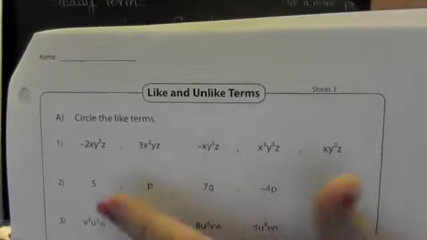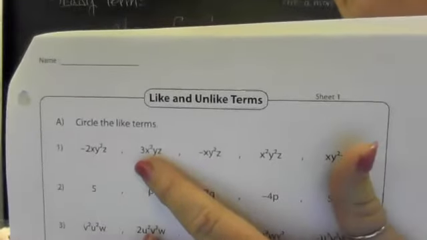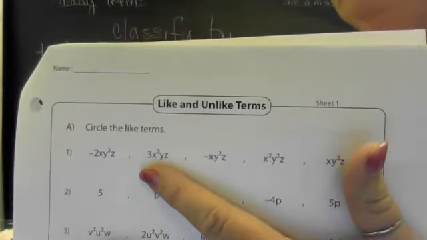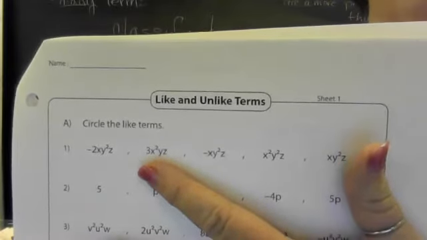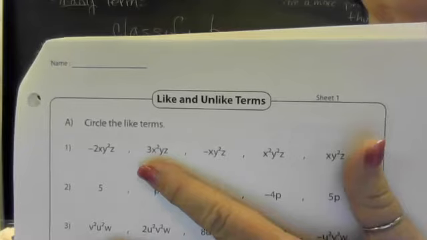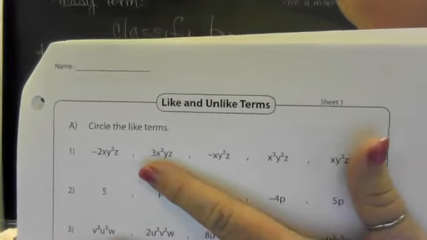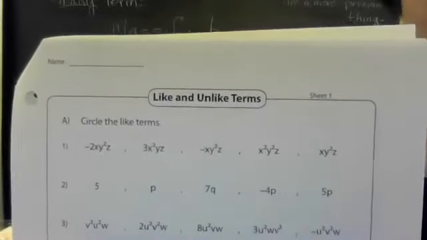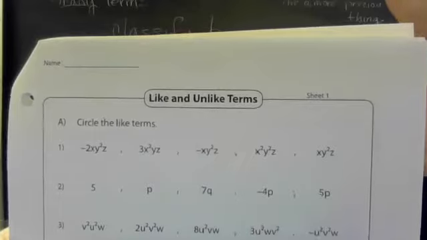The numbers in front, the coefficients, don't matter on common terms, just the variables. So you should have 3 of them circled. The first, the third, and the fifth one should be the common terms. The letters have to match exactly.